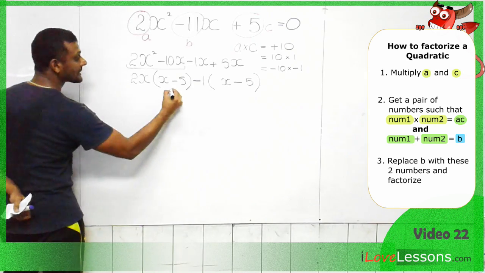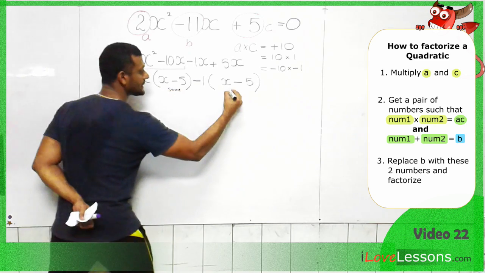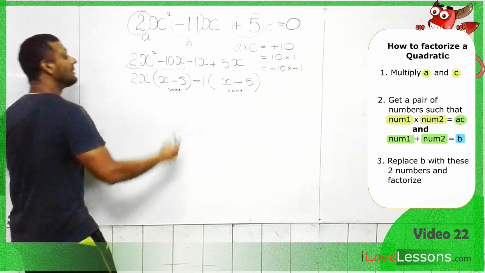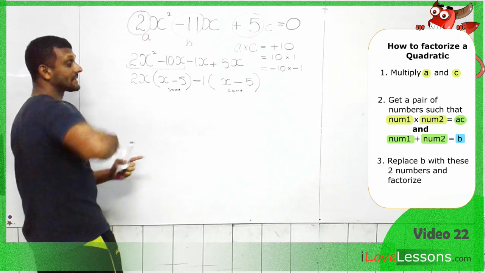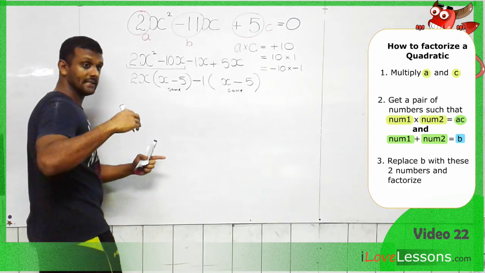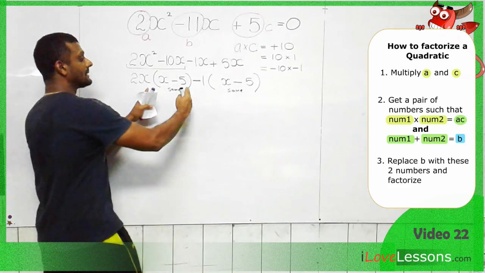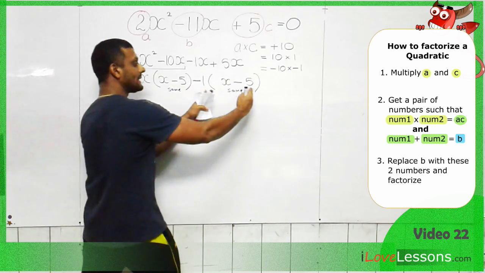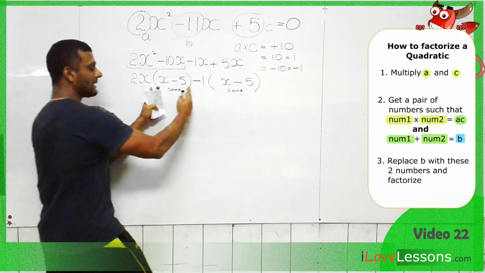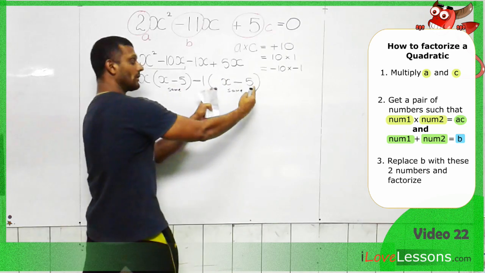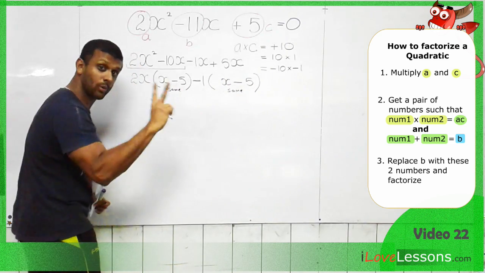Let us factorize out the same items. Remember, I keep saying this over and over in my factorization videos 18 and 19, that although both items appear twice, the x minus 5 appears here and it also appears here, so it appears twice.